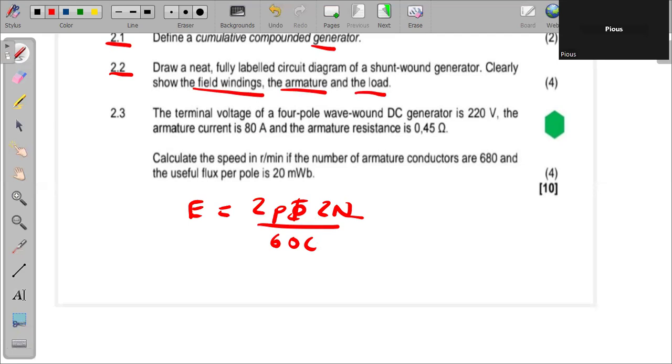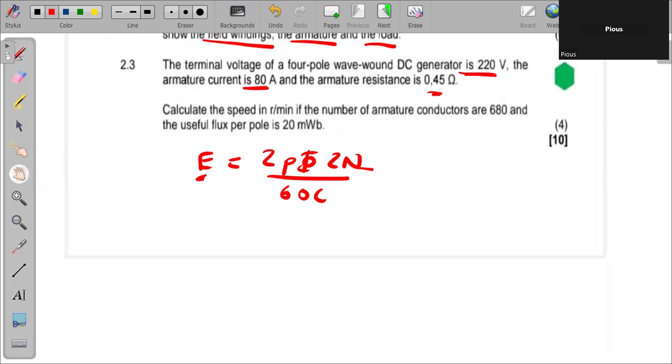In using that formula, unfortunately, we do not have E, the generated EMF. Where are we going to get it from? We can first calculate it because we've been given the terminal voltage of 220, the armature current and the armature resistance. This is a shunt generator, so we can use the formula E equals V plus IA RA, remembering that in a generator the generated EMF is V plus these potential differences.